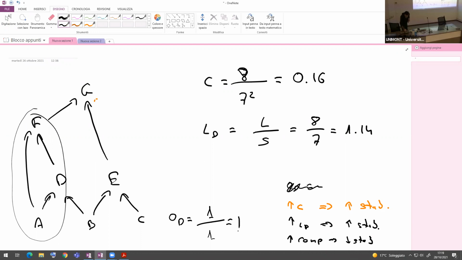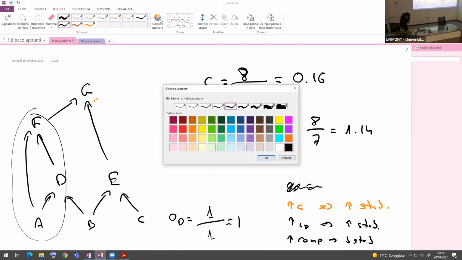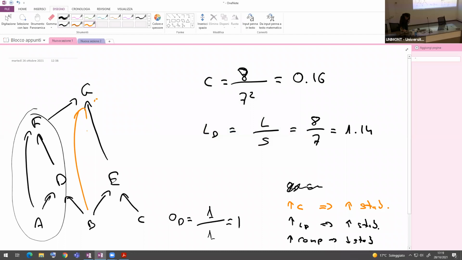But if we compare this with another food web that has, for example, another closed omnivory link here, then the omnivory degree of this second food web would be 2 divided by 1, which is 2, right?